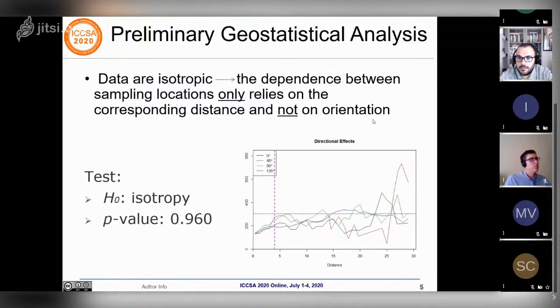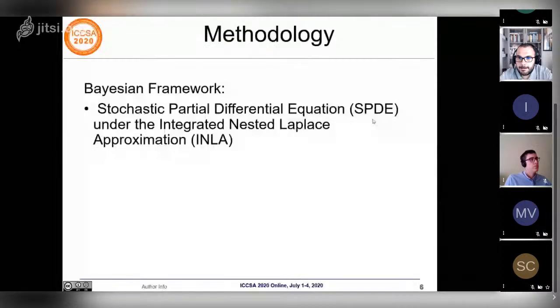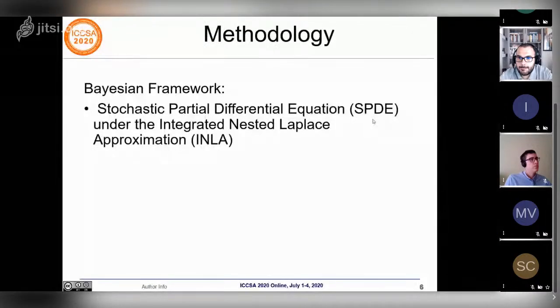After doing a preliminary analysis on the data, we proceeded to the modeling of this data. This was done under a Bayesian framework because of its flexibility. And in order to avoid the computational issues and costs of MCMC methods, the stochastic partial differential equation approach under the integrated nested Laplace approximation was considered instead.